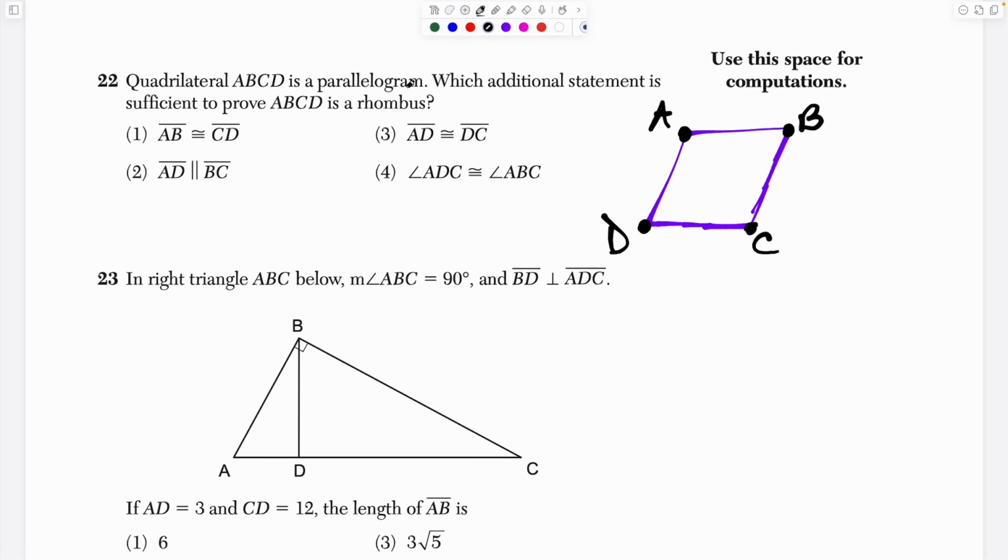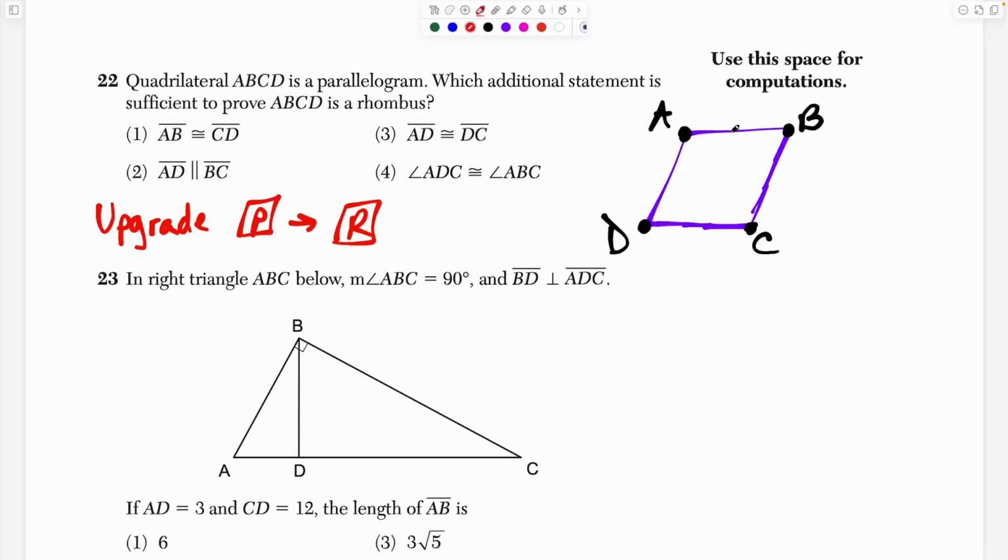Well, let's think about what we have here. AB is congruent to CD. Think about this question as asking what would upgrade the parallelogram. So I'm going to say we're going to upgrade the parallelogram to a rhombus. Okay, so we're trying to upgrade.